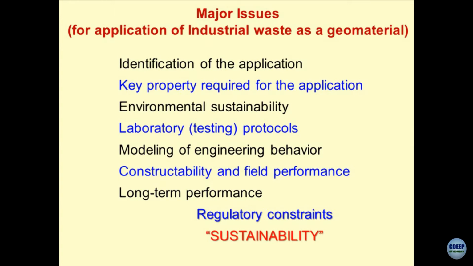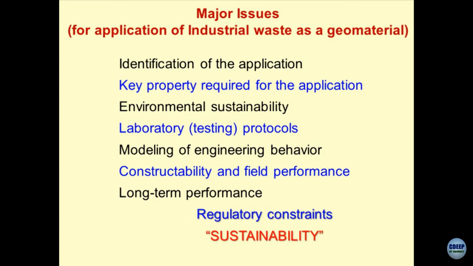In conventional geomechanics, we talked about coarse grained materials, fine grained materials, and we differentiated between the soils. So, something of this sort has to be done in case of industrial byproducts also, that we have to understand their key properties, and how to use that property as a positive of the material, the strength of the material, and at the same time I have to understand what are the negatives or the weaknesses of the material.